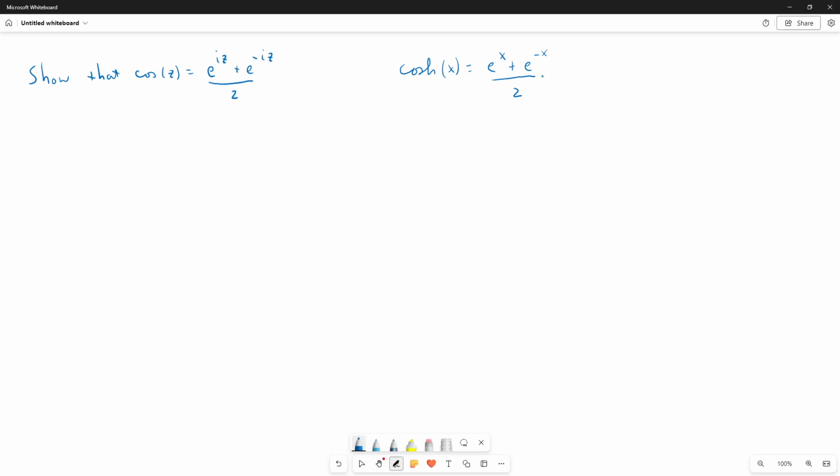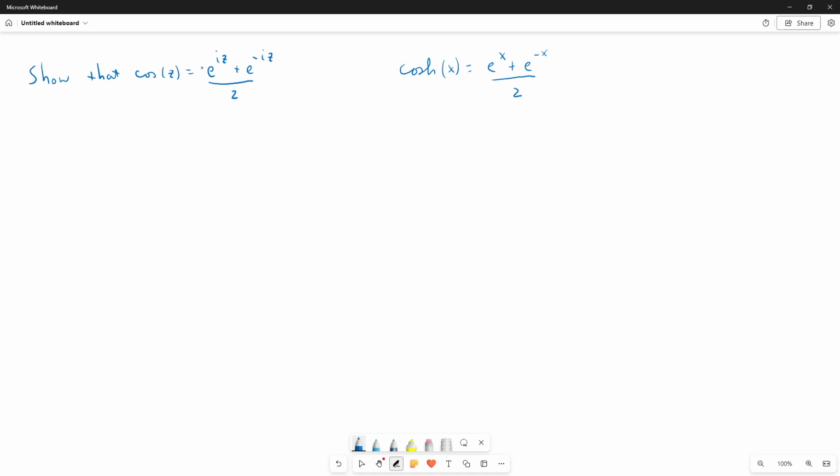So this is the hyperbolic cosine with a real variable, and this is the cosine with a complex variable, and we have our exponentials and the 2, and of course the difference here is we have an i times the variable in both cases, iz and negative iz. All right, so let's see if we can demonstrate this equation right here.